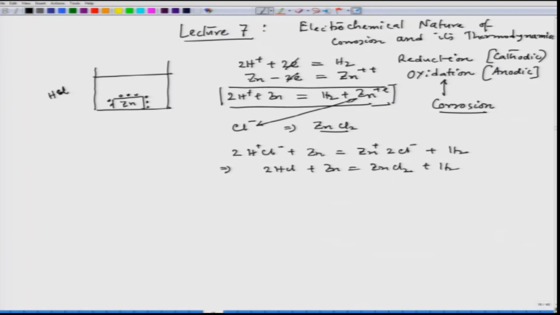So, this is another way to write the cell reaction. Here, I am sorry that we missed one plus sign.